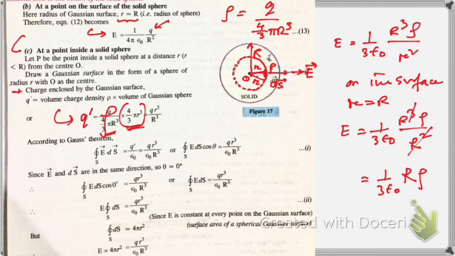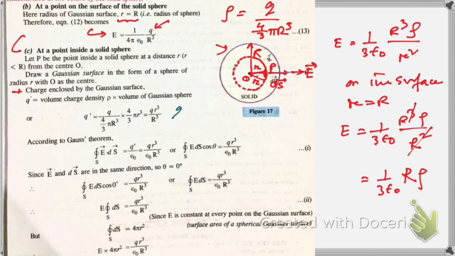Here rho is nothing but Q by the volume of the sphere, where Q is the total charge distributed in this sphere, so density is given by Q by 4 by 3 pi capital R cube. Hope you have understood this. This is Q dash. Let me write these things.